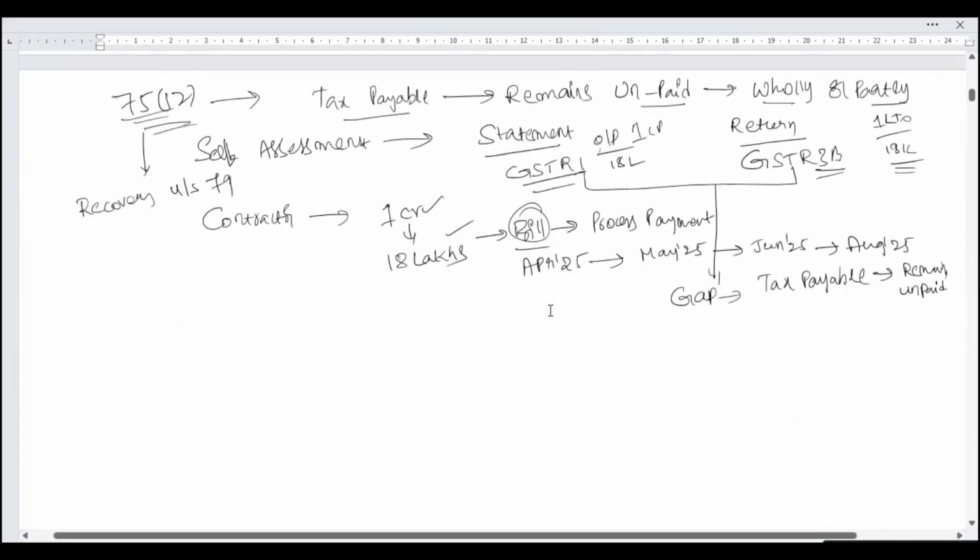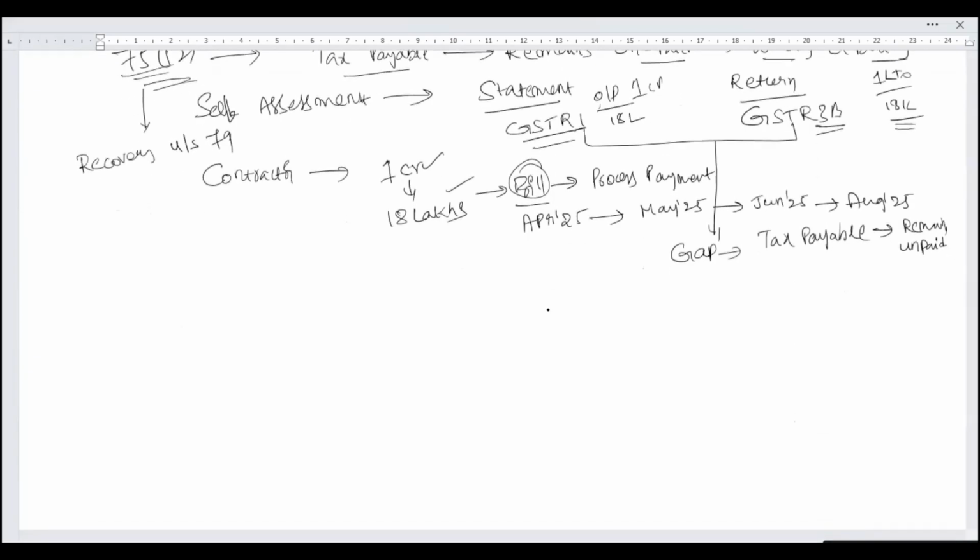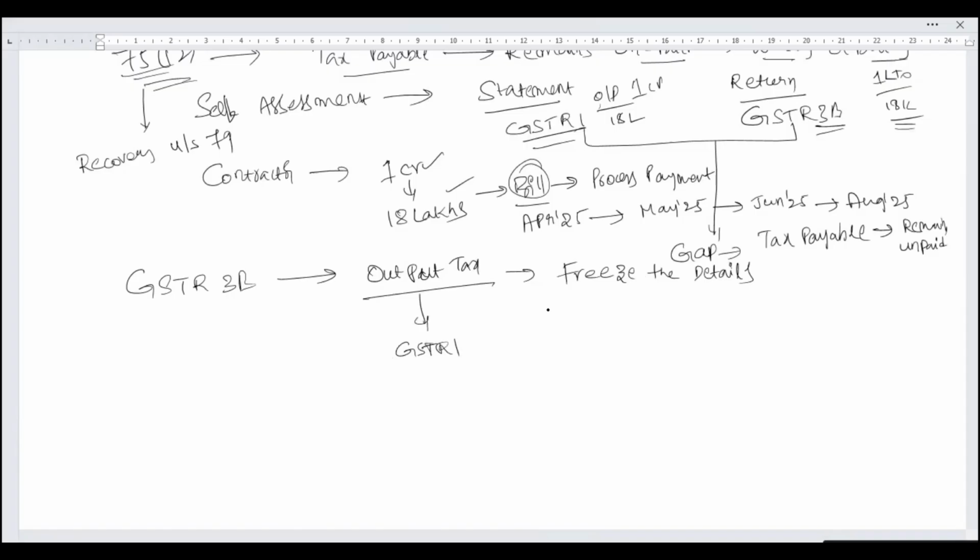Now, the government said that, look, in your GSTR3B, your output tax, I would like to freeze the details. That means this output tax is flowing from your GSTR1.